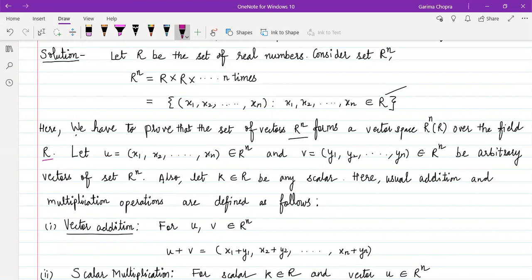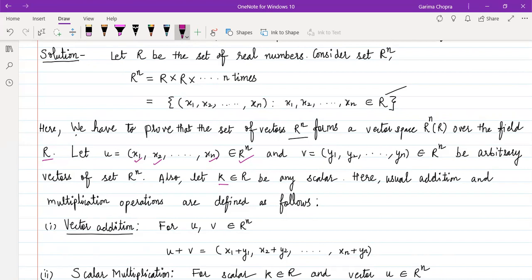This u is an n tuplet, whose all n components x1, x2, xn are real numbers. And this belongs to this given set of vectors, which is the Cartesian product of R n times. And here we have considered the vector v, whose all the n components y1, y2, yn are real numbers. And we have considered a scalar k, which is a real number because here the field is a real field.